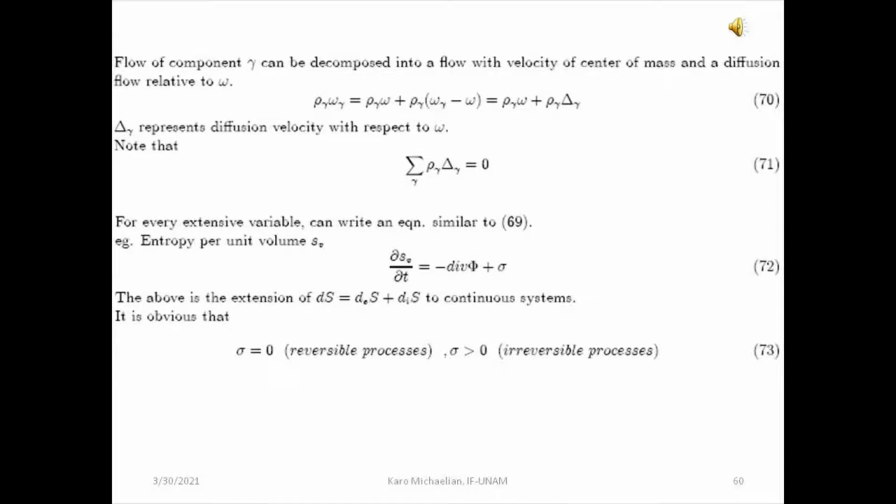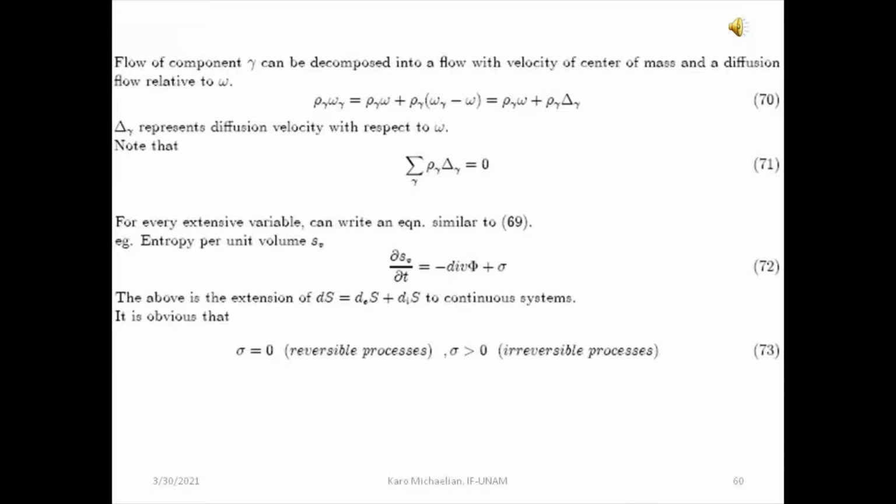Omega, remember, is the center of mass velocity of the system, plus rho gamma times the difference of the velocity of the component gamma with respect to the velocity of the center of mass of the system. So here in this equation 70, delta refers to the diffusion velocity with respect to the center of mass velocity of the system.